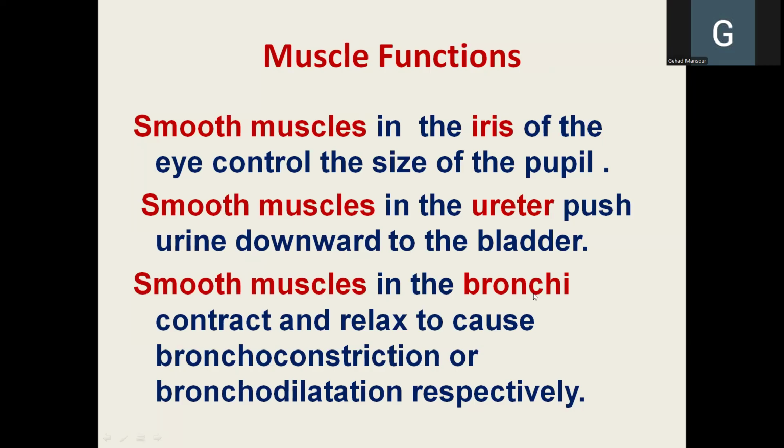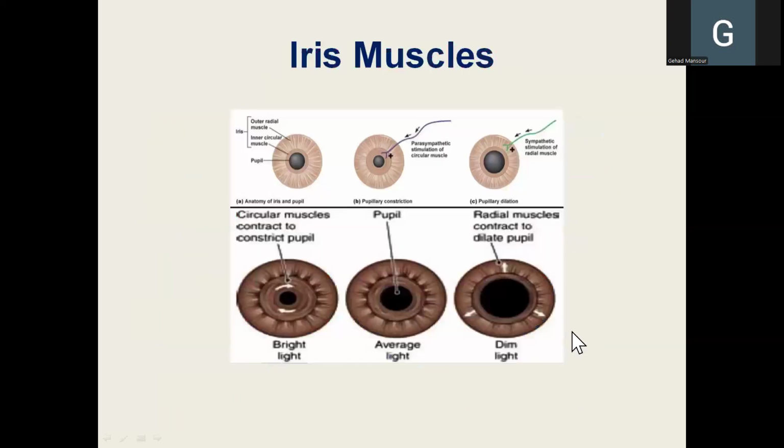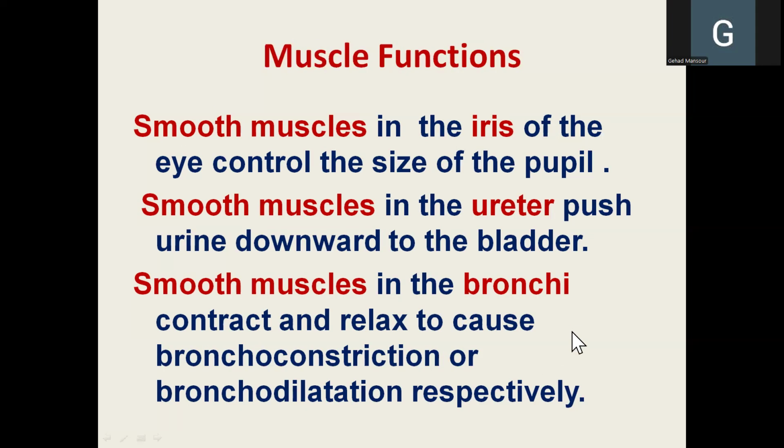And just like in the arteries, where the arterioles are the most abundantly supplied with smooth muscles, the bronchioles, which are the terminal smallest bronchi in the lungs just before the air sacs in the lungs, are the ones that are the most richly supplied with smooth muscles.